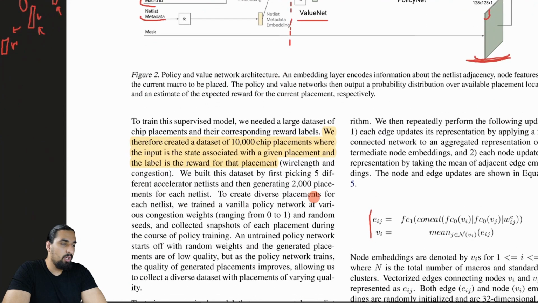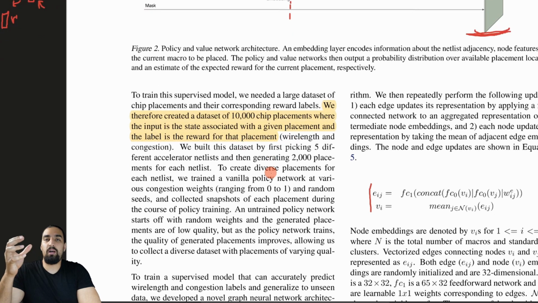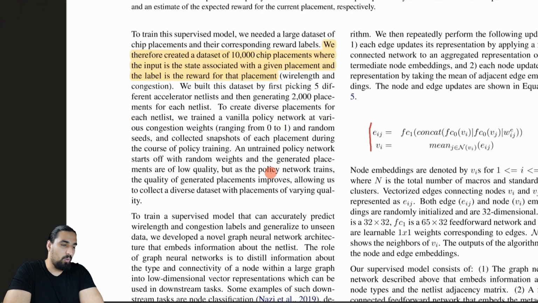And now they say, we therefore created a dataset of 10,000 chip placements where the input is a state associated with a given placement and the label is a reward for that placement. So basically they used, for example, those EDA tools, and they found the ground truth rewards.